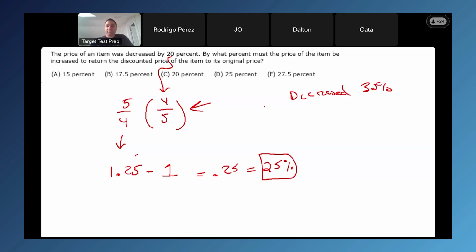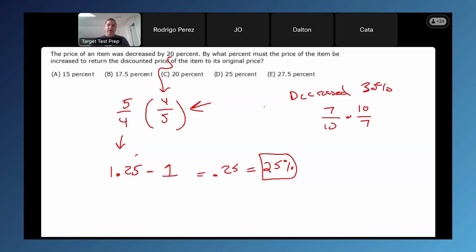If you decrease by 30%, it's like multiplying by 7 over 10. So how do I get that back to the level that it started at? You would multiply by 10 over 7. It's that simple.